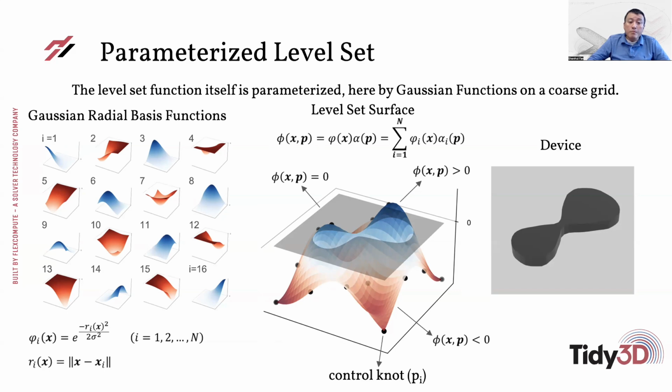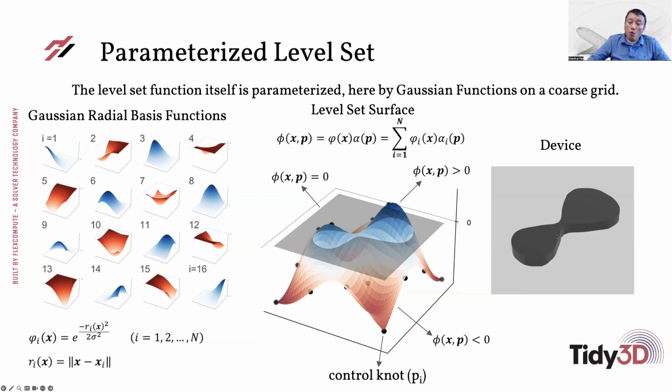And then we put an amplitude in front of each of the basis functions, and we add them up. And that produces this level set function. Then you choose a threshold, and that defines a dielectric structure.